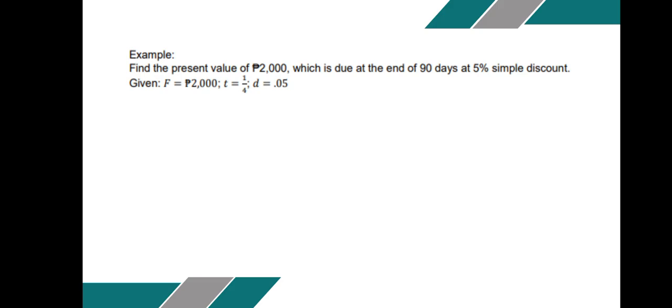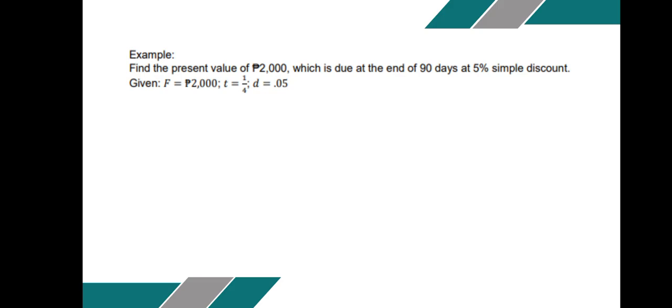Kasi yung given natin dito is 90 days. And since approximate time yung gagamitin natin, there are 360 days in a year. So 90 over 360 is equal to 1/4. So yung given natin na time dito is in days, so we need to divide it sa number of days sa isang taon. So 90 over 360 is equal to 1/4.